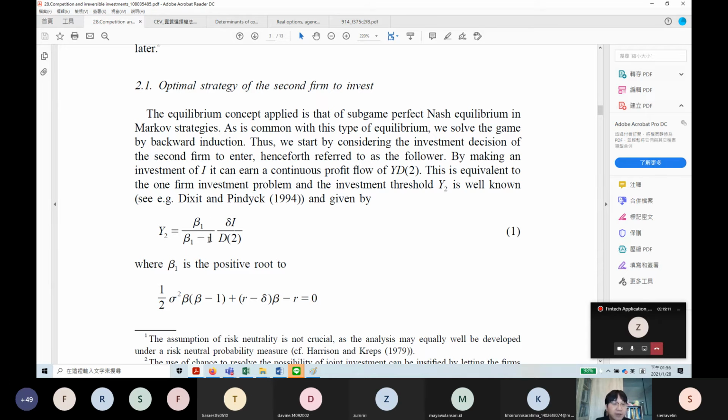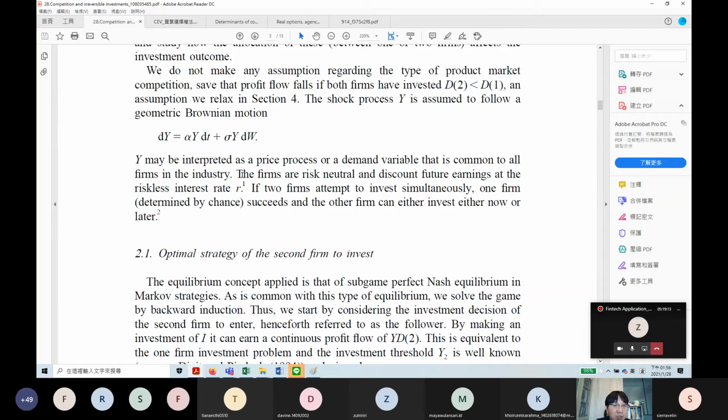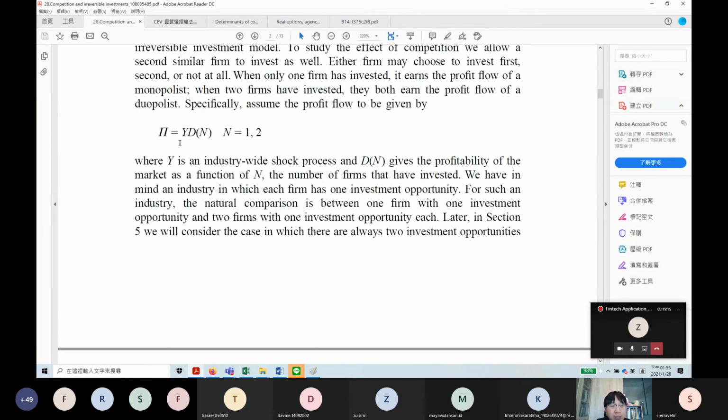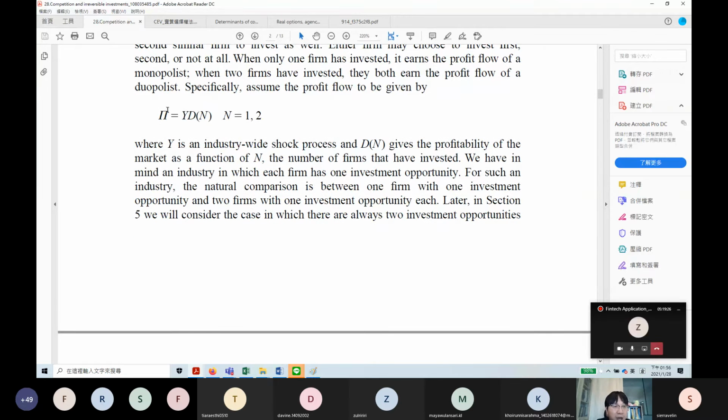So here, because we use pi equals y D n. Last time, remember the formula? The pi is not decomposed into two parts, right?